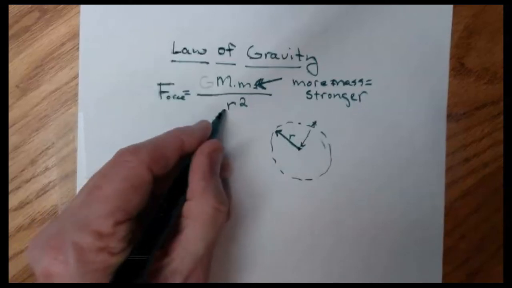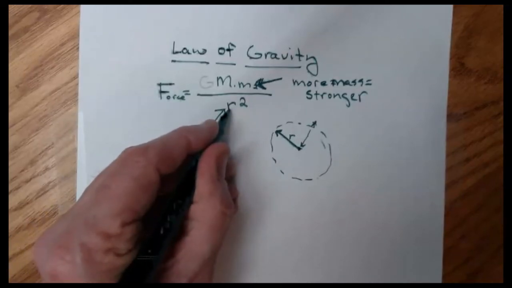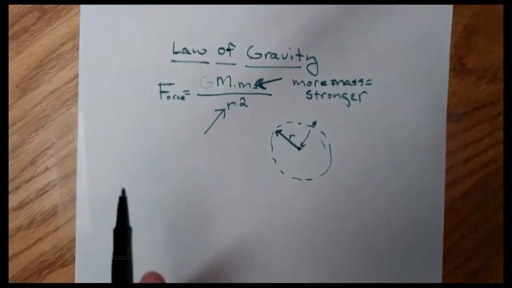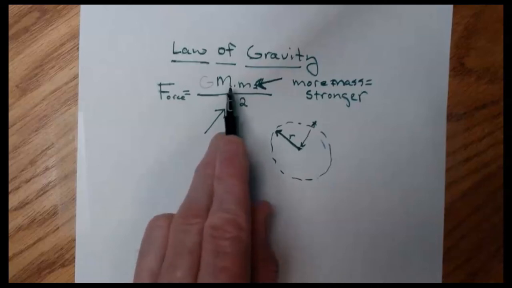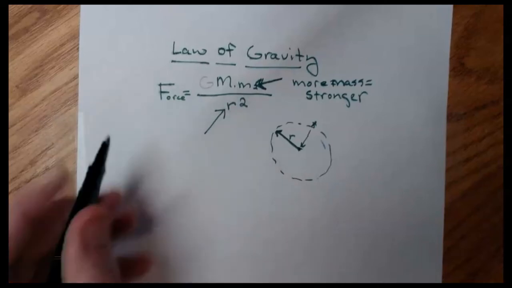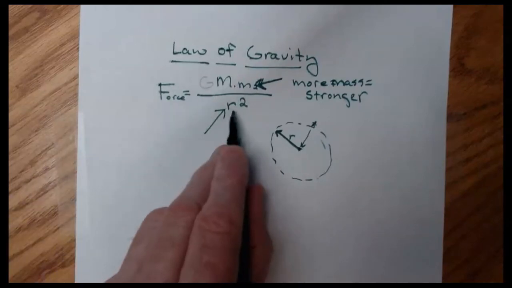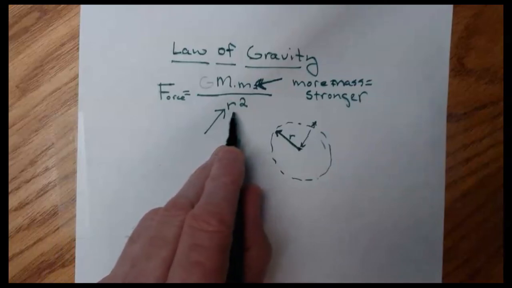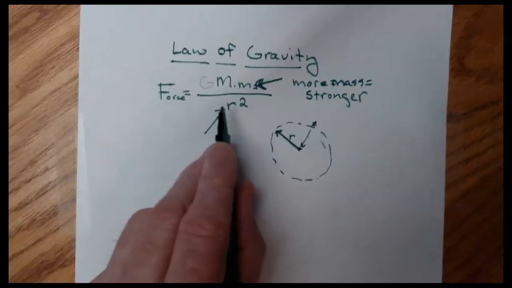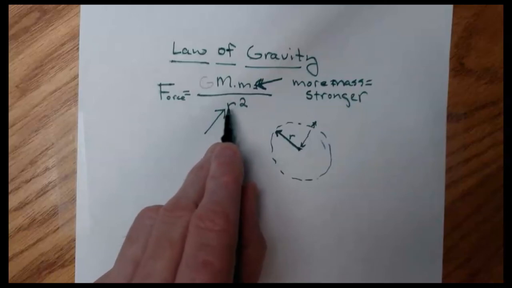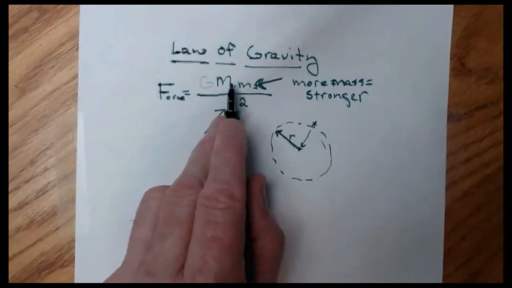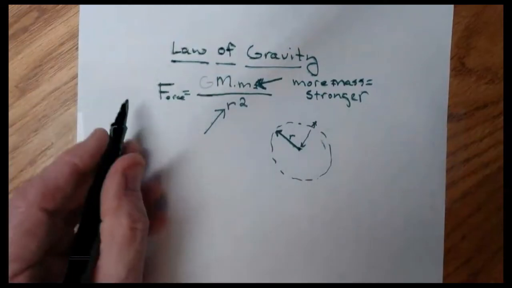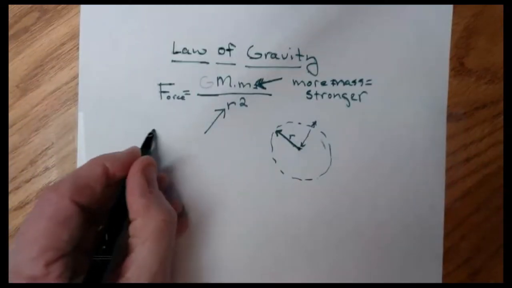And so the bigger the number you have here, the greater the distance. Look, it's an inverse relationship because it's over that. So the bigger r is, the less force you have. The greater the distance, the less force you have because you divide by that. So you multiply times the masses. The more mass you have, the stronger, but the more distance, the weaker. Okay?